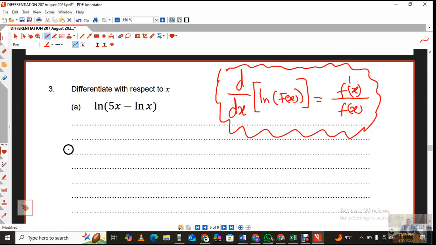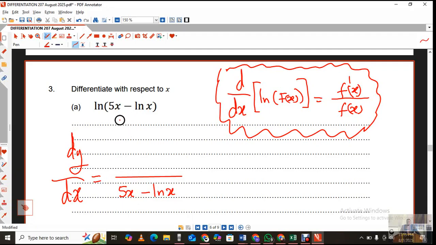So basically, here dy by dx is going to be that stuff inside, which in this particular case is 5x minus the natural log of x, and we're going to then find the derivative of that stuff inside.